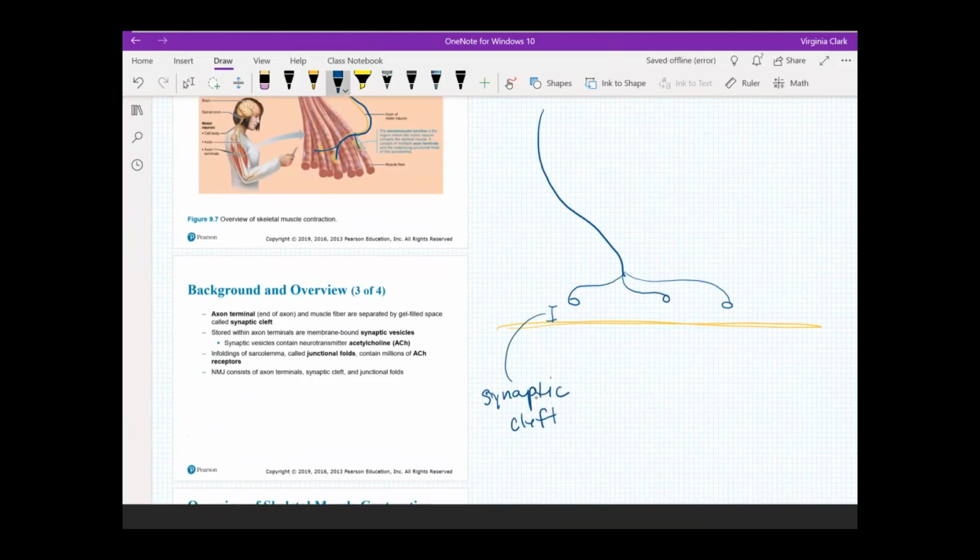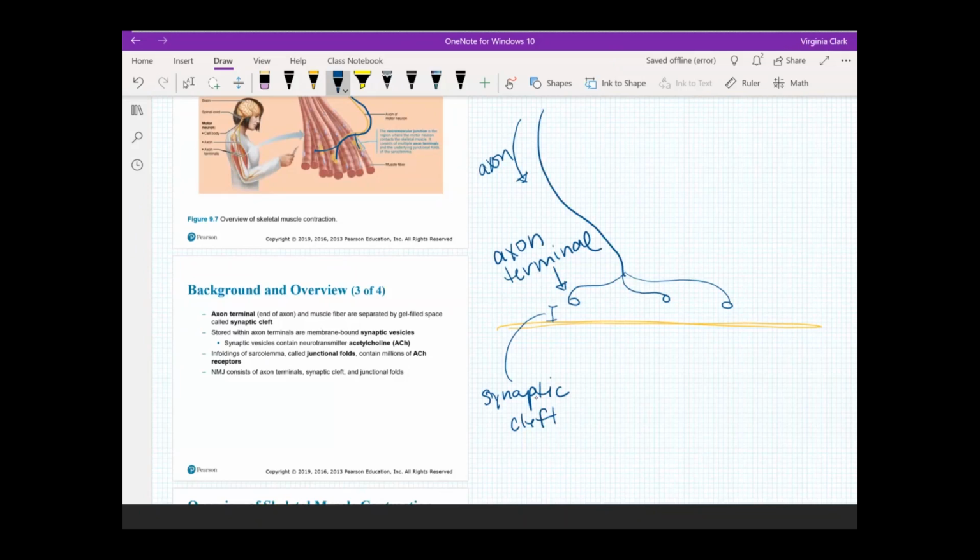If this is our axon coming down, this right here is our last place we can be, so it's our axon terminal. Our axon terminal then has the synaptic cleft.